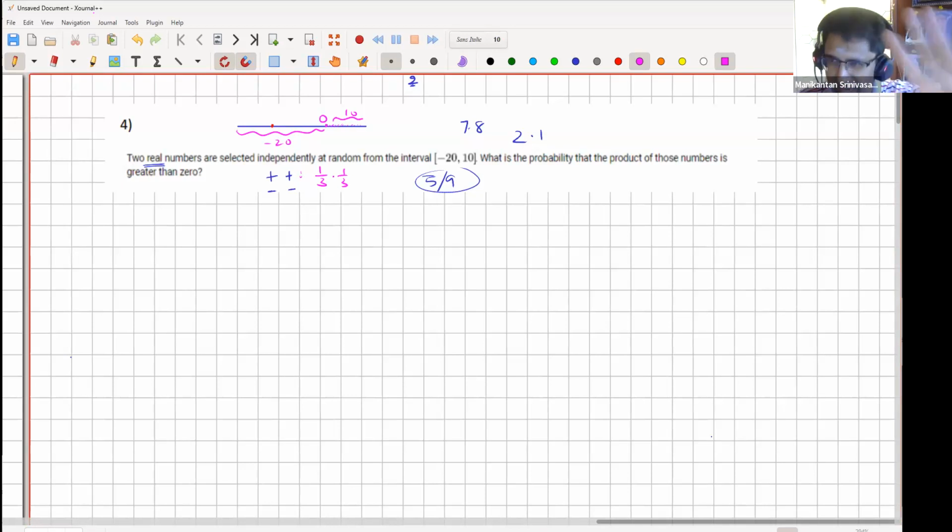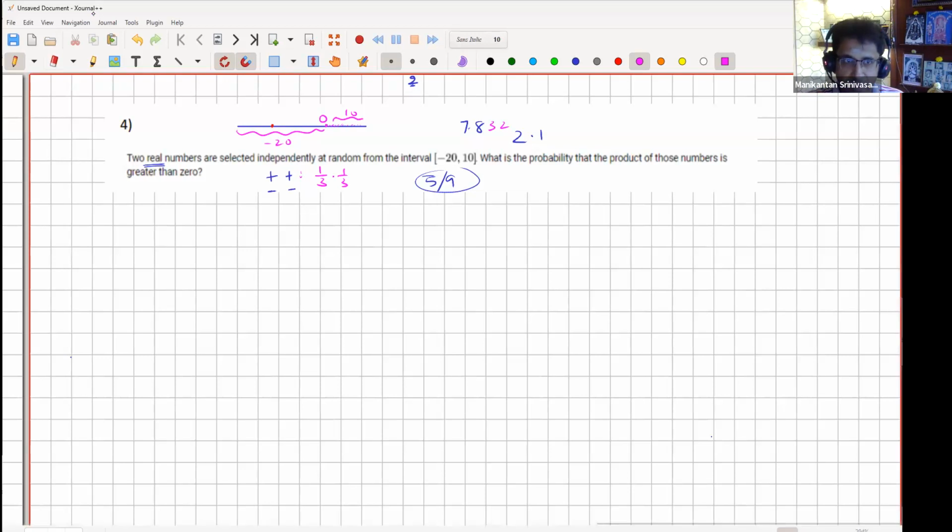The whole point is, it does not matter here because there's an infinite set of points. Even if you pick a point and do not replace it, it does not matter because you have countless points. So if you pick 7.832, let's say, and don't replace it, it's not going to matter at all. But when we do integers, it's going to matter, as we'll see in just a bit.